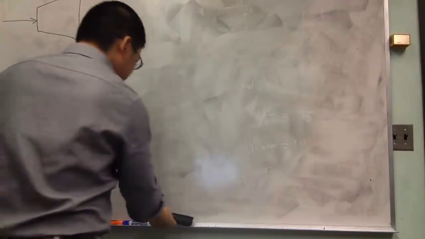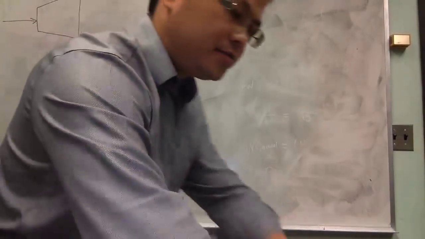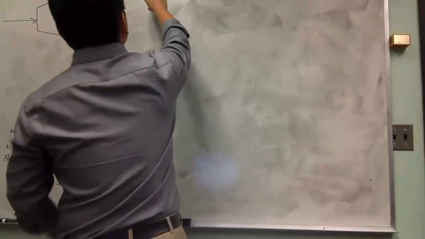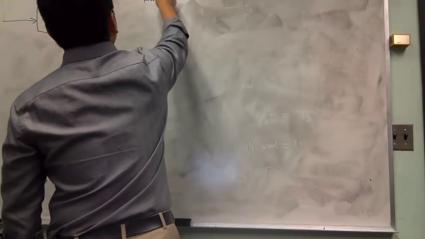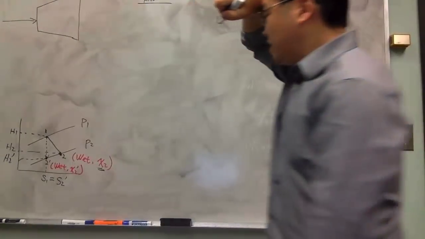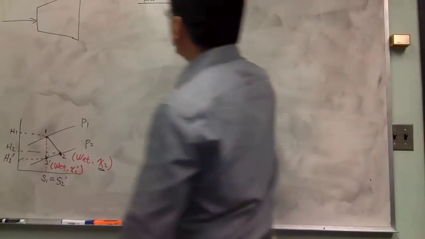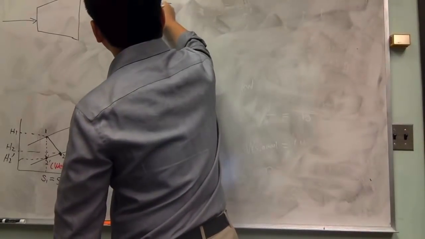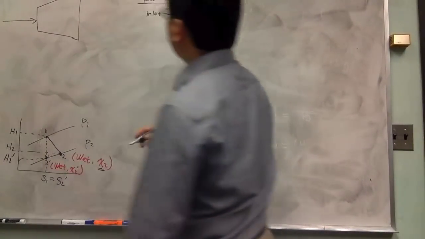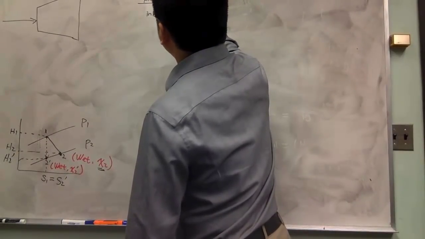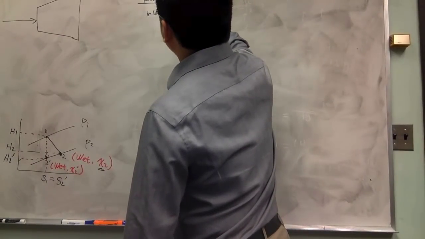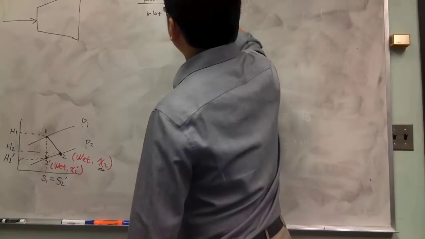So the procedure here is, let's take a look at the known values. Known is T inlet. Very often we are going to have this superheated steam.